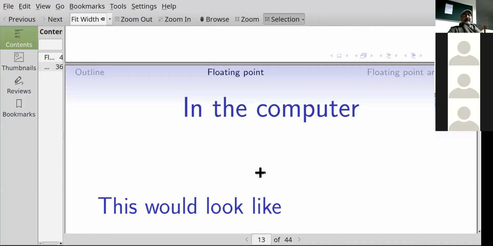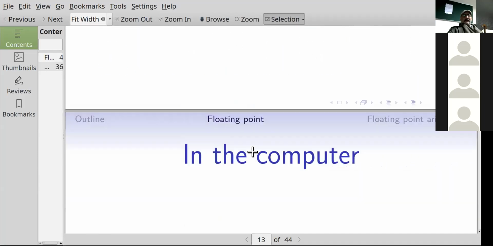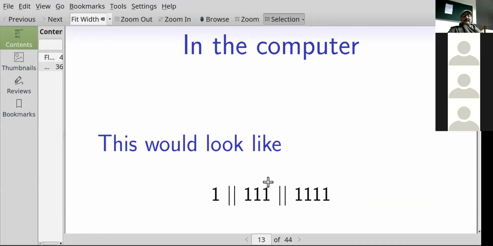So in binary, how do I write a 7? I write 1, 1, 1. So this is understood to stand for 2 to the 7. This middle piece stands for the exponent, 2 to the 7, which is multiplying this 1, 1, 1, 1 in binary.